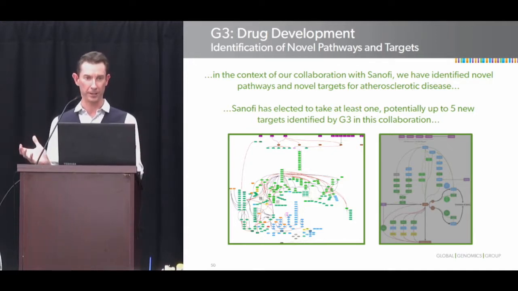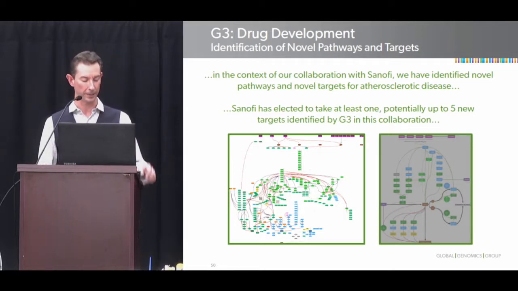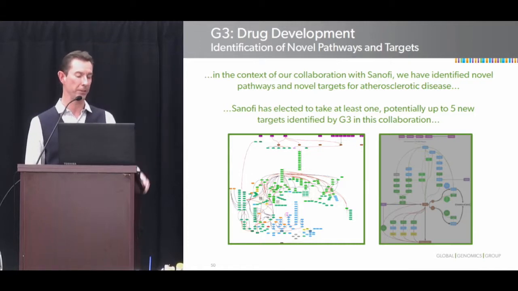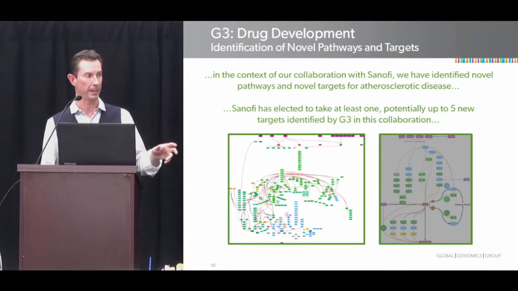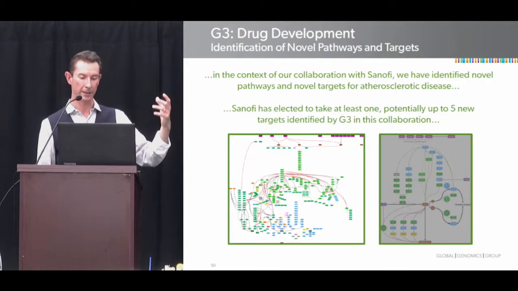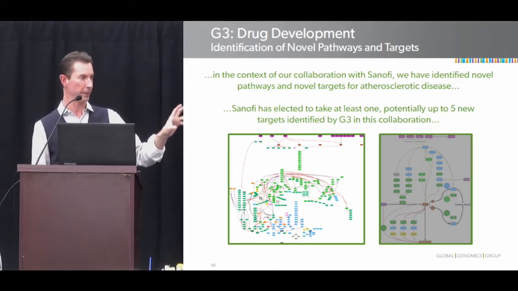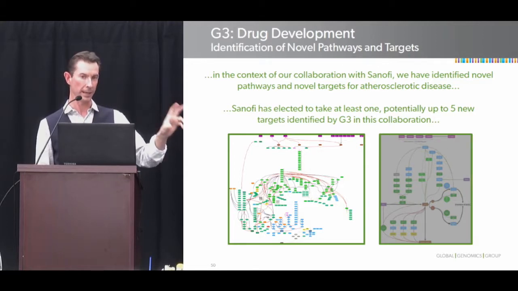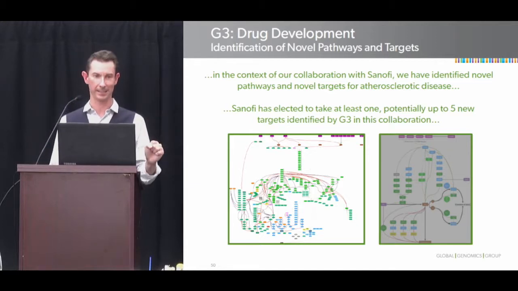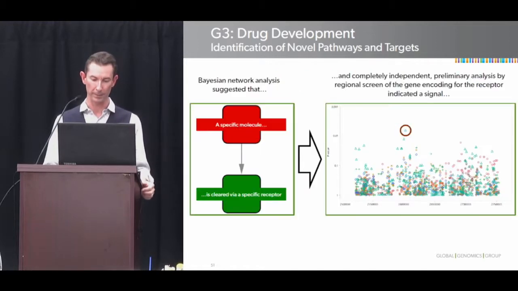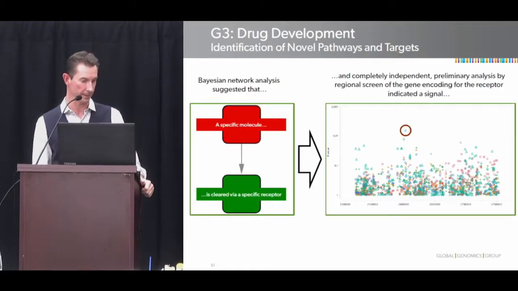So the progression of what we do now for genetic target identification and validation goes like this. We have a publicly announced collaboration with Sanofi in their PCSK9 program. Out of the trillion raw data points that I mentioned, they asked us to look at a very specific pathway, and we identified a very specific new target from the Bayesian network analysis of the gene expression data, suggesting one particular receptor to be very important for one particular lipoprotein metabolism.